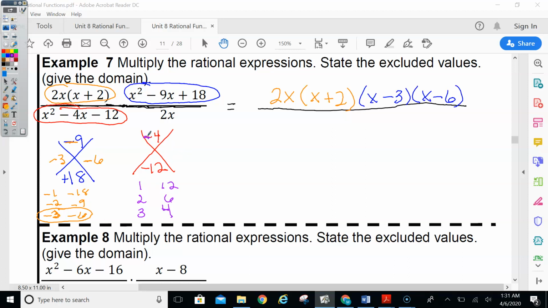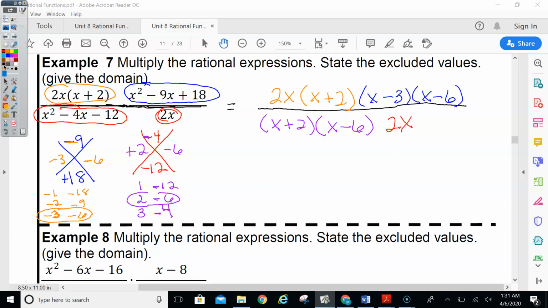The bigger one is the negative one. So which one's going to give me negative 4, positive 2, and negative 6? This one is x plus 2, x minus 6. And then over here, I have this little 2x that just stays 2x.